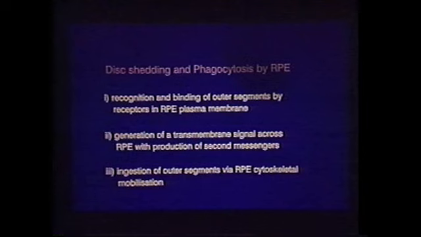It doesn't recognise normal outer segments, but only recognises them when they become worn out, and there is a binding procedure which takes place on the outer segments, and a generation of signals and second messengers giving rise to the ingestion of the worn out disc by the retinal pigment epithelium.